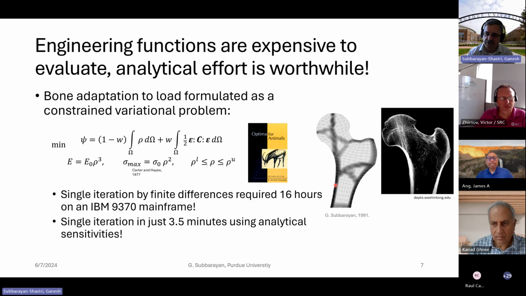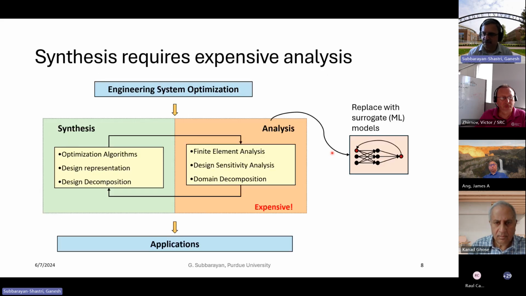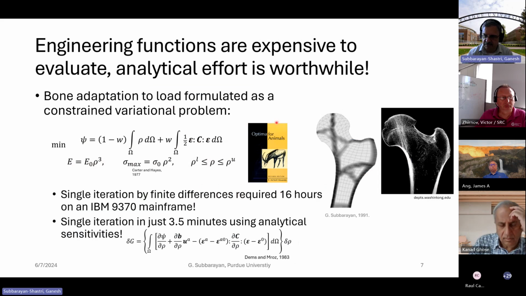So what we did was every one of these finite elements actually has a density that varies within a limit. And you can optimize that density per the criteria. And in bones, it's known that the density is related to stiffness modulus as well as strength. So using that, you can come up with this sort of an optimized structure.